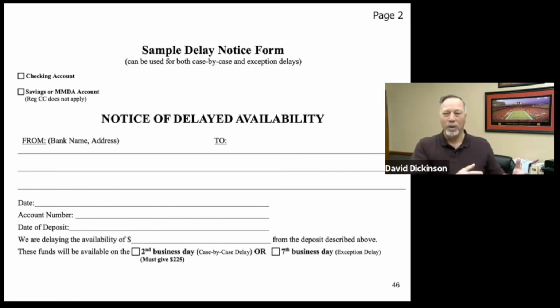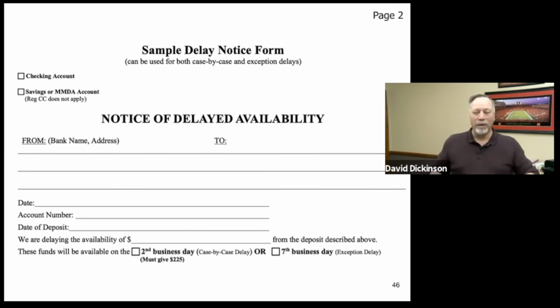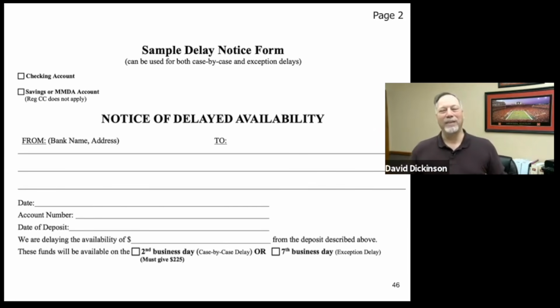And then you'd fill in who your institution is, who the customer is, the date, the account number, the date of deposit, and then you get into the details. We're delaying X amount from the deposit that you made. They will be available on, it's either 2nd or 7th business day. Now, you don't need to say what day that is. The model form in the regs just says 7th business day, good enough. 2nd business day, good enough.